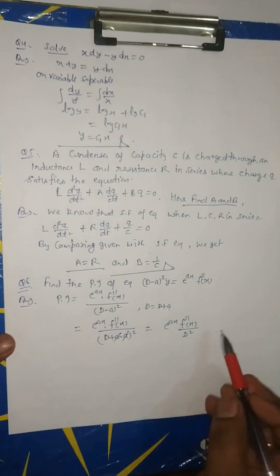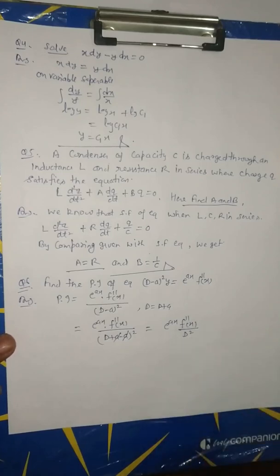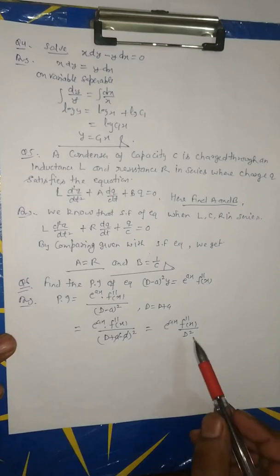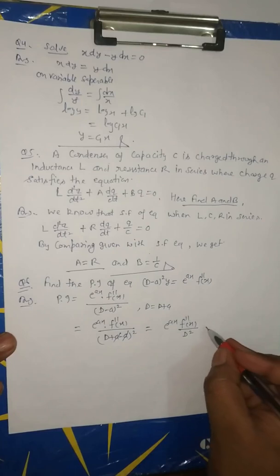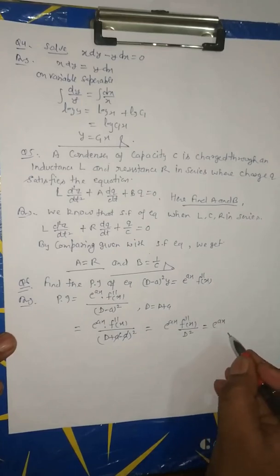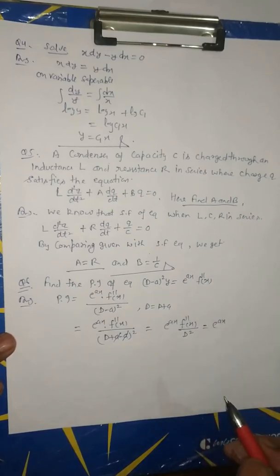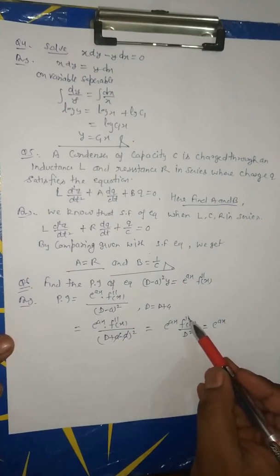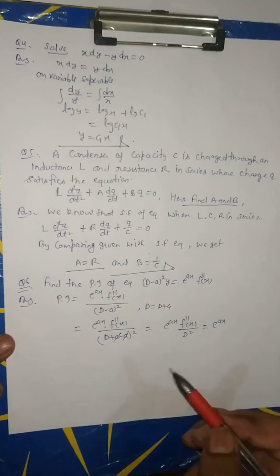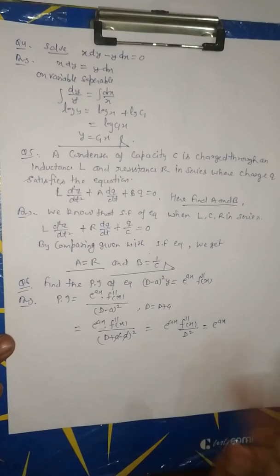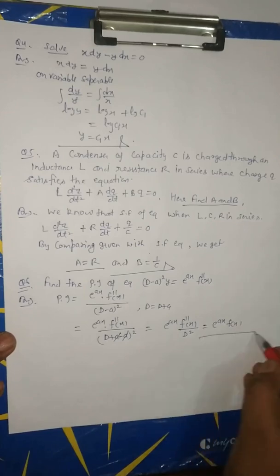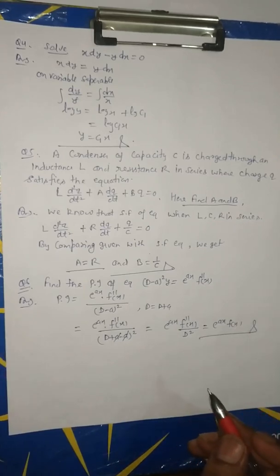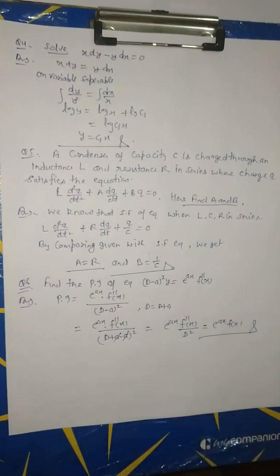Now D square operates only on f double dash x, that is, it wants integrate 2 times. Now we get e to the power ax: integrate 1 time to omit 1 derivative and integrate next time to omit the second derivative, that is we get fx. This is the solution.